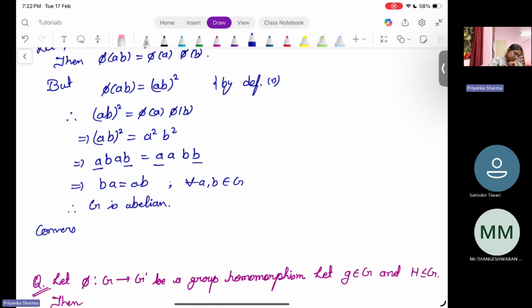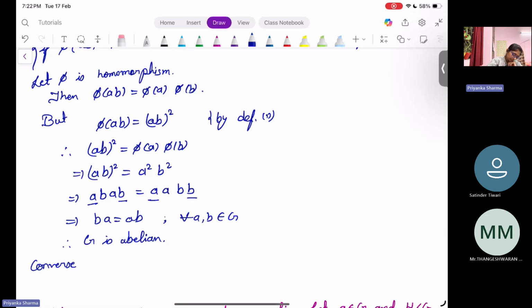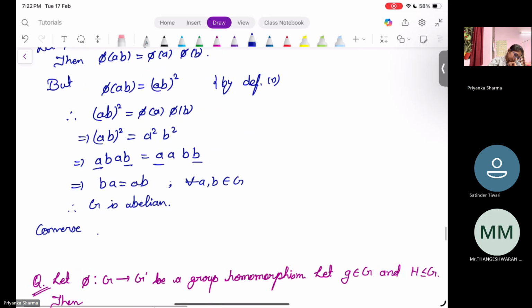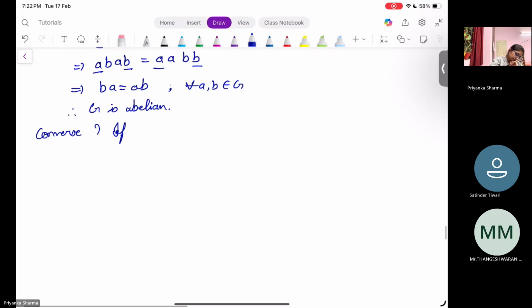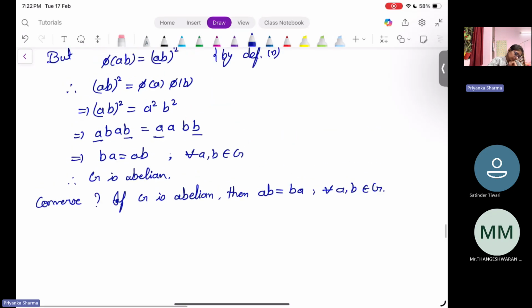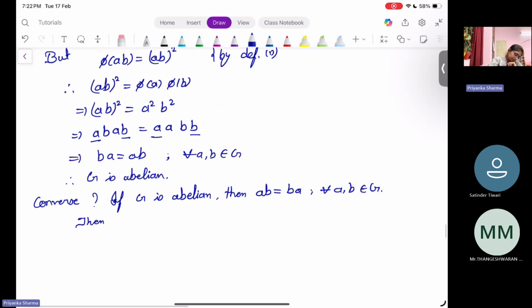What about the converse? If G is abelian, then we will have ab and ba the same for all a and b belongs to G. Then phi of ab will be ab square by 1.